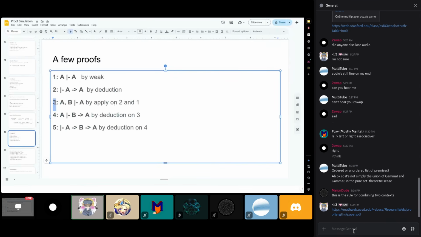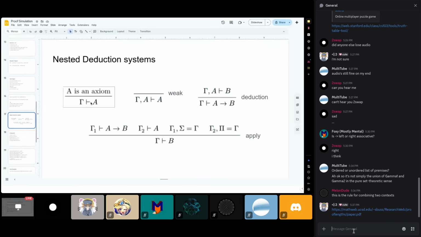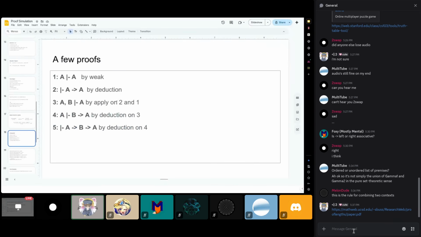Now, step 3 here is we use the apply rule. So we use the apply rule on step 2 and step 1. Step 2 has an empty context, so that's automatically a prefix of this context.